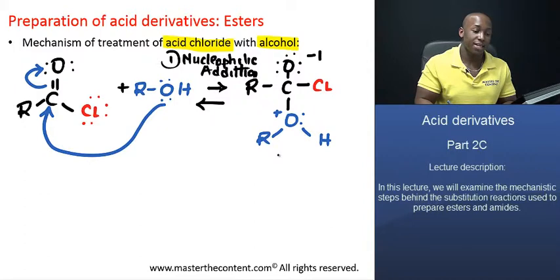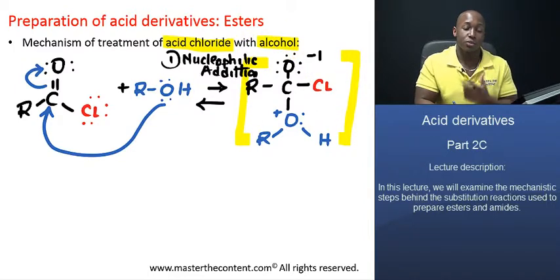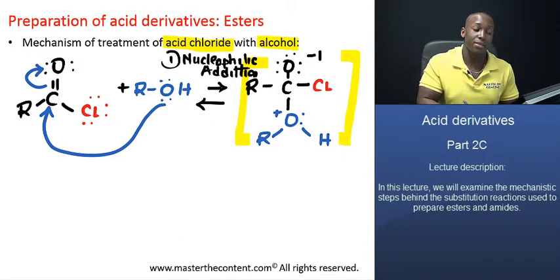So what happens in the next step of the reaction is that we will have a collapse of this intermediate that we just created. And that collapse will actually restore the carbonyl group and eliminate the chloride ion. So a pair of electrons will come down from that oxygen to reform that carbonyl group.